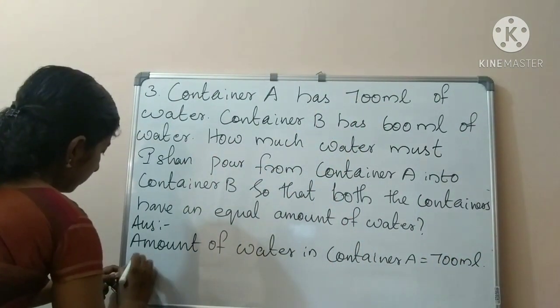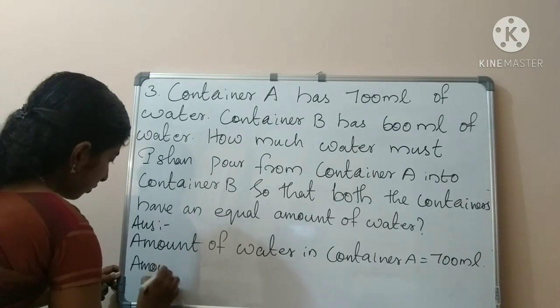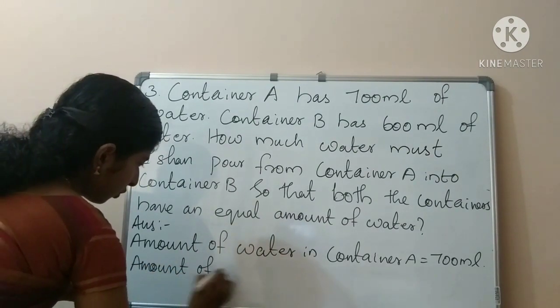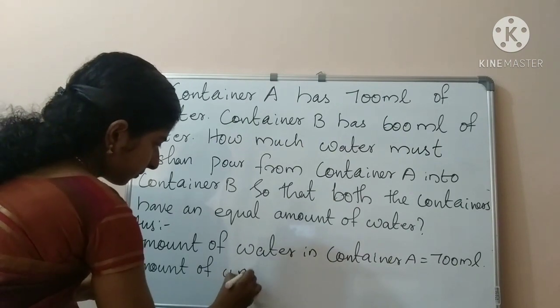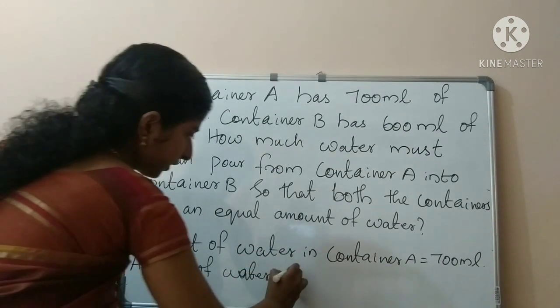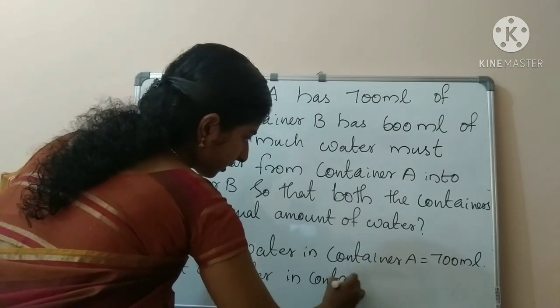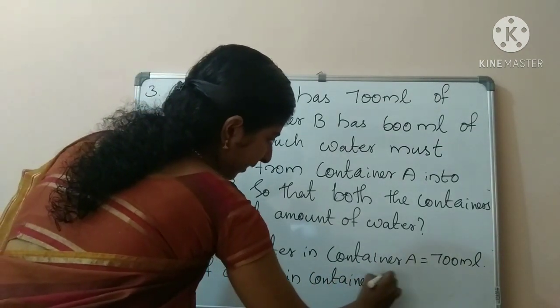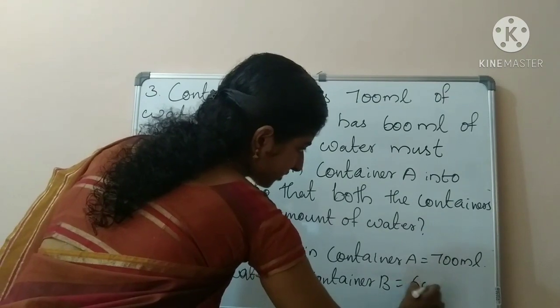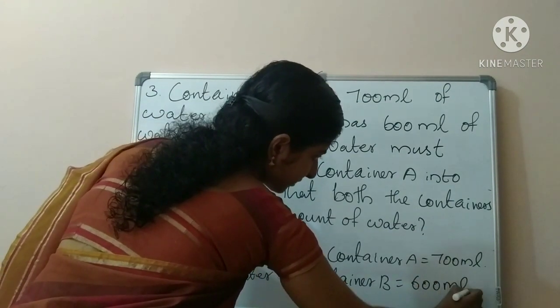Then amount of water in container B is equal to 600 milliliter.